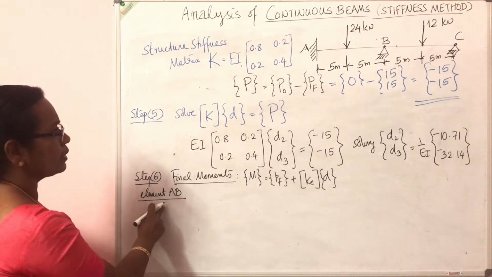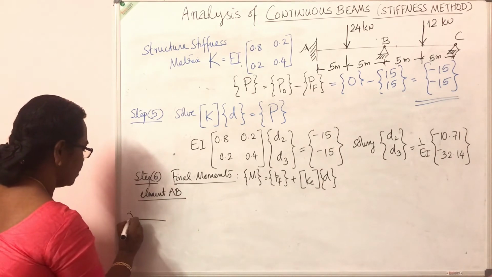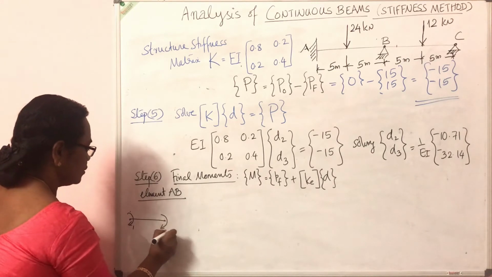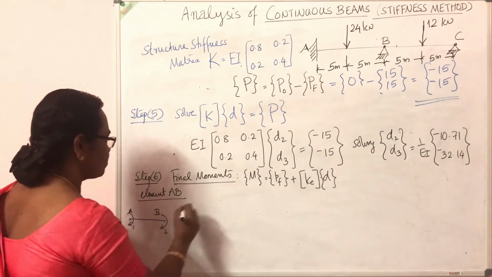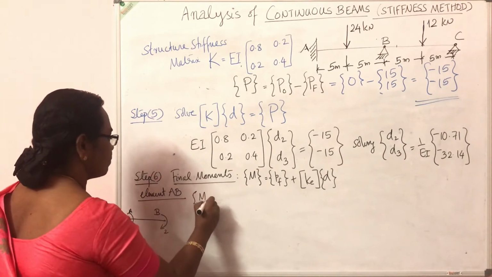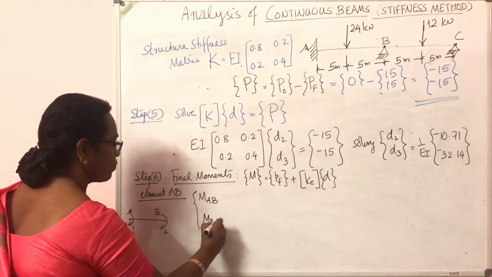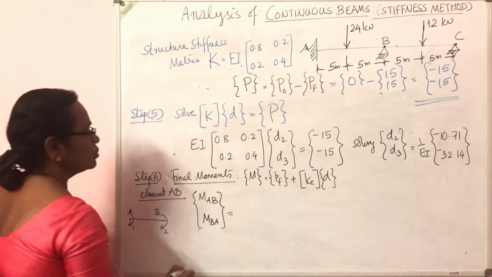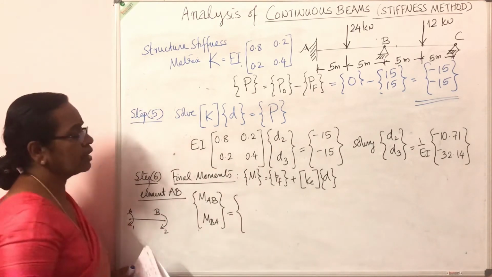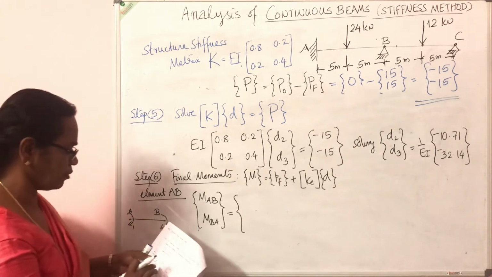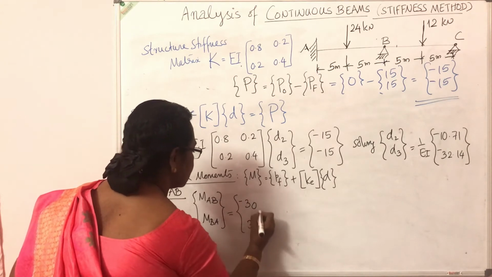So for the first element AB, you refer back, you can see the coordinates were 1 and 2, point A and point B. So corresponding to 1, we will get MAB, and corresponding to 2, we will get MBA. That is equal to the fixed end moment vector. You refer to the previous step. For the first element, we have written PF1 and PF2 as minus 30, 30.